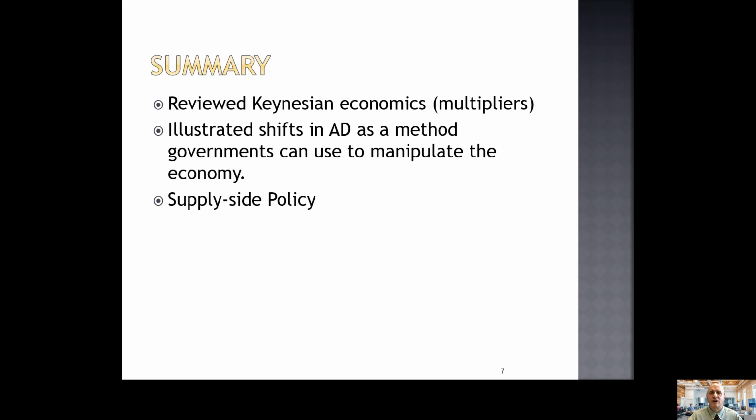I just want you to focus on what really causes those shifts to occur. And then you will explore the notion of supply-side policies. These were all different kinds of economic theories that have been developed since the Great Depression and have been used for quite some time in different political administrations in order to manipulate the economy.